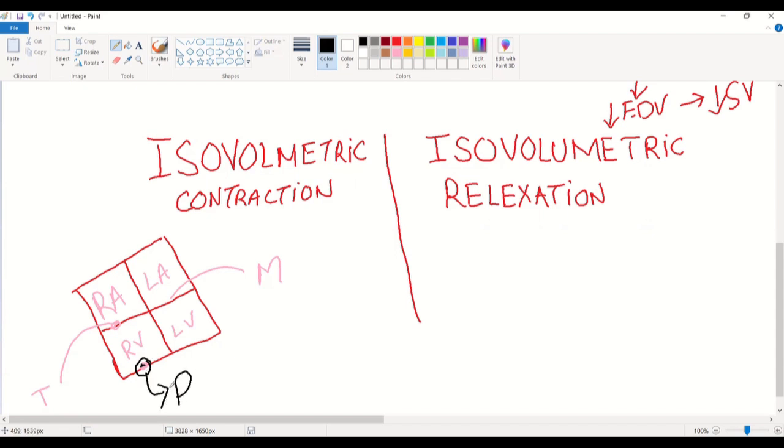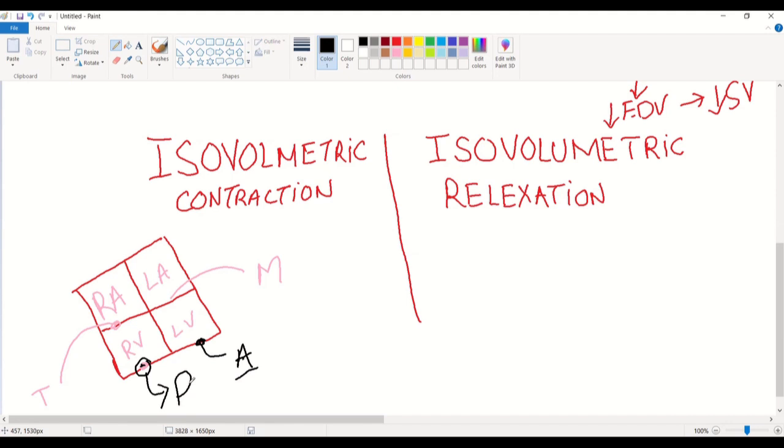Pulmonary valve. And the valve between the left ventricle and aorta is the aortic valve. The tricuspid and mitral valves are also known as atrioventricular valves, and the pulmonary and aortic valves are known as semilunar valves.